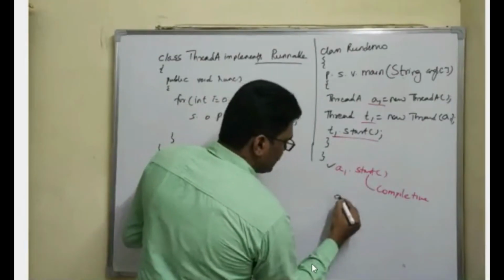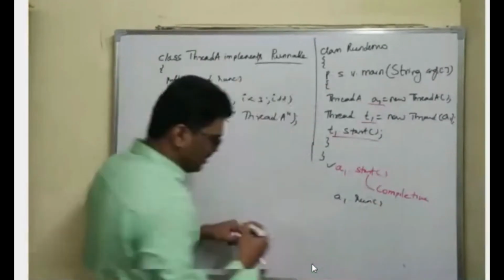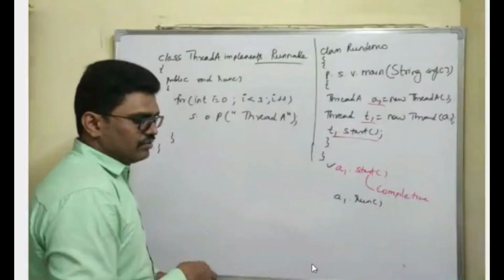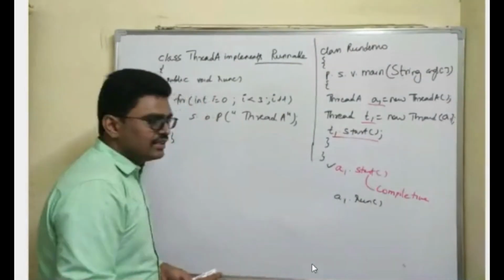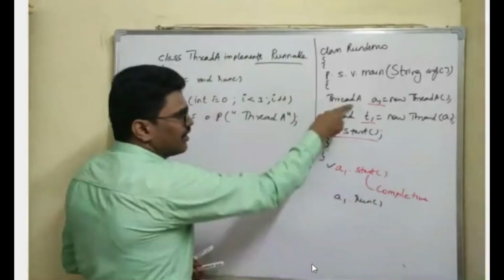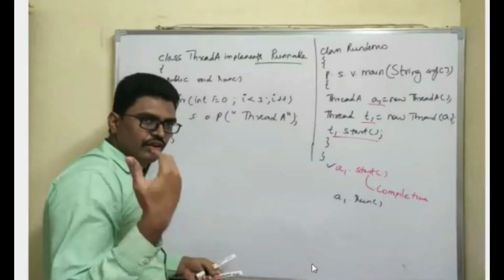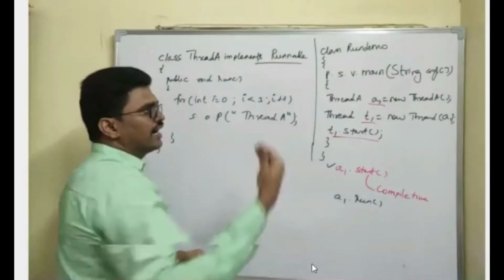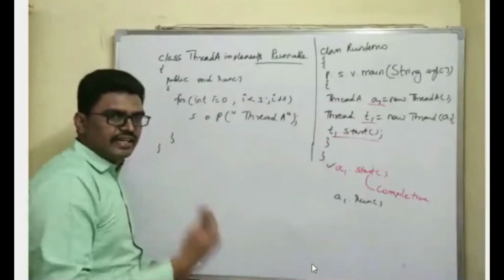The second one is, if I call a1.run, what happens? To confuse you, they will give this instead of calling t1.start, they will call a1.start. A1 is the object of this class. So yesterday we studied that whenever you are using a runnable interface, you cannot directly call the start method because the start method is not defined in the runnable interface.